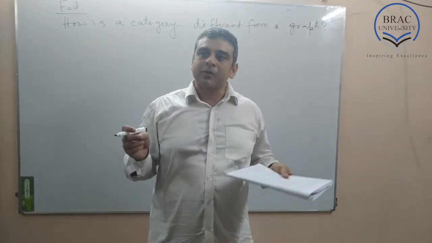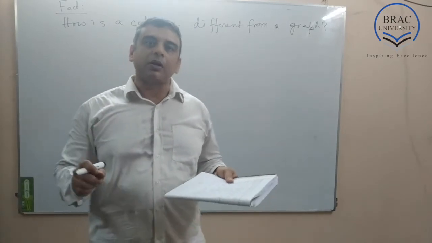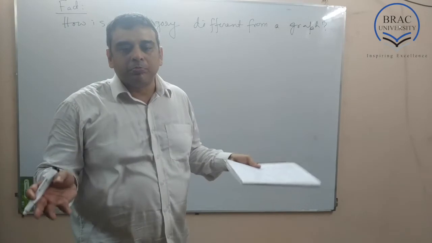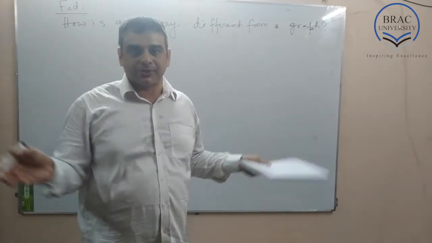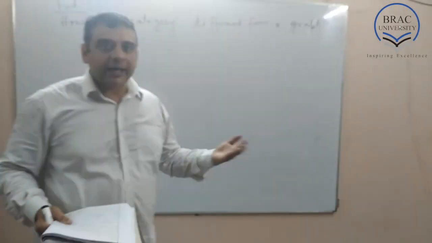Sometimes there are edges from a vertex to itself, which are called loops, and that's it. So a graph is the mere collection of vertices and edges. There is no other information attached to a graph.